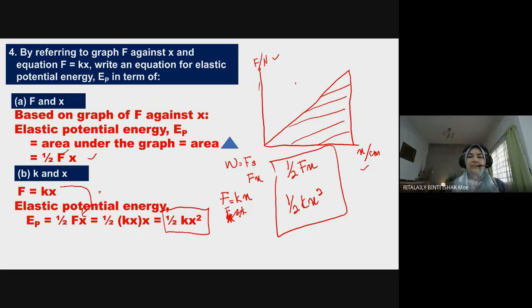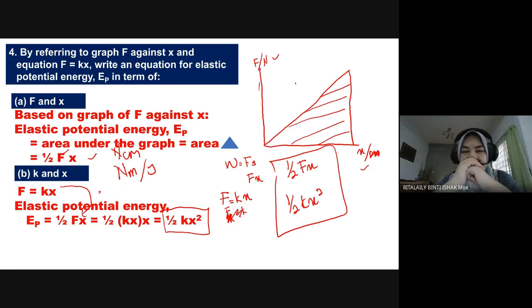Let's say for A, we are using the graph, and the graph is half Fx. So F is Newton, and x is cm, so the unit will be Newton cm. But if x is in meter, the unit will be N meter or Joule.